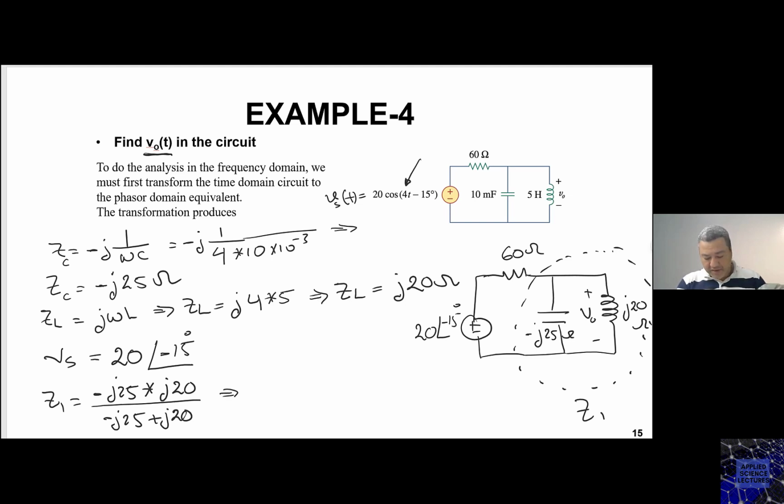And in this case, Z1 now becomes j times j, which is minus. So you have 20 times 25, 500, minus j5.